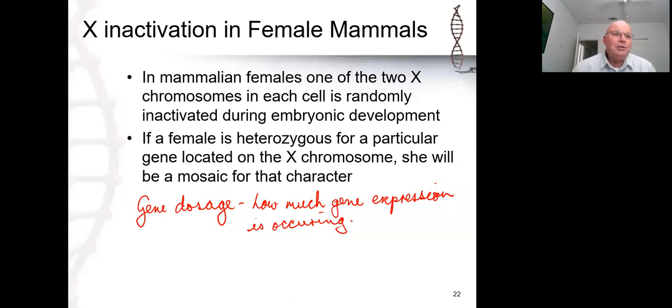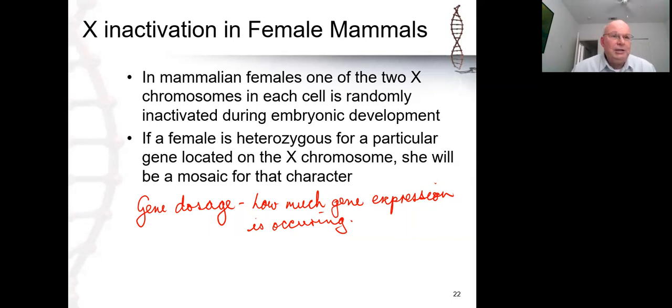Because if the female is homozygous for all of the genes on the X chromosome, it doesn't matter which X chromosome gets disabled. But if she's heterozygous, then it really does matter which of the two X chromosomes gets disabled, particularly if those two X chromosomes lead to phenotypes that are visible.